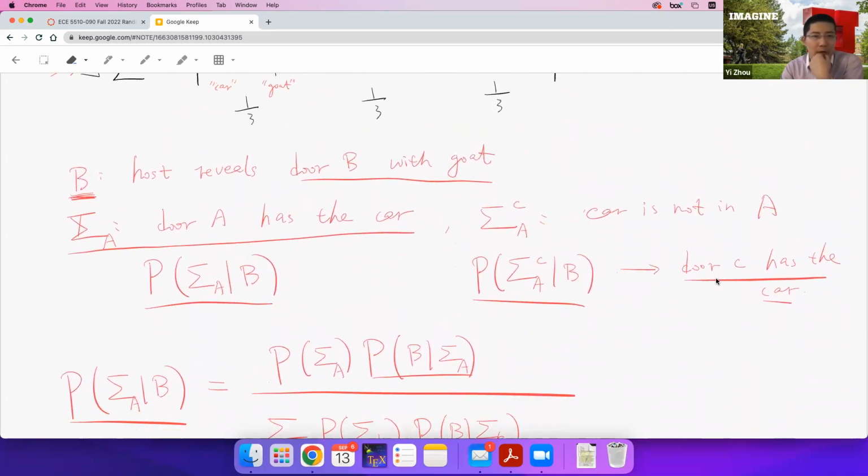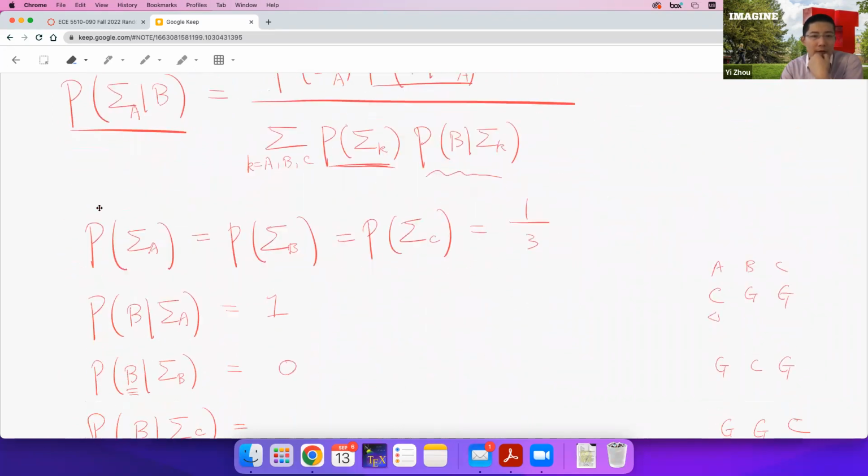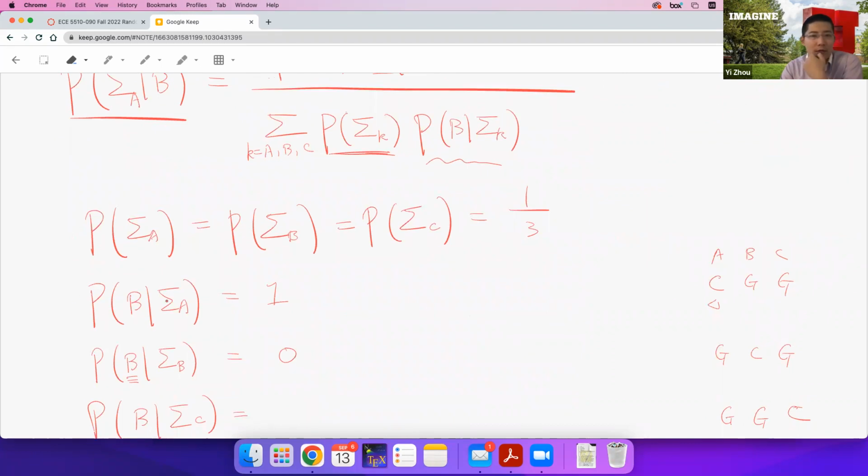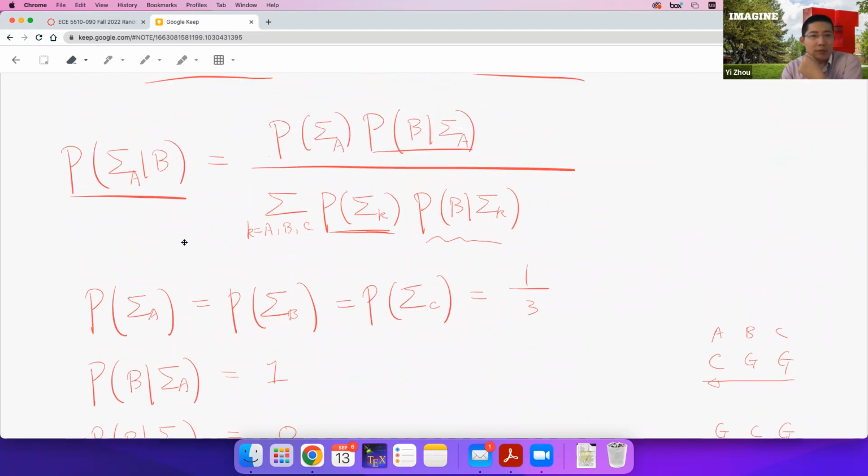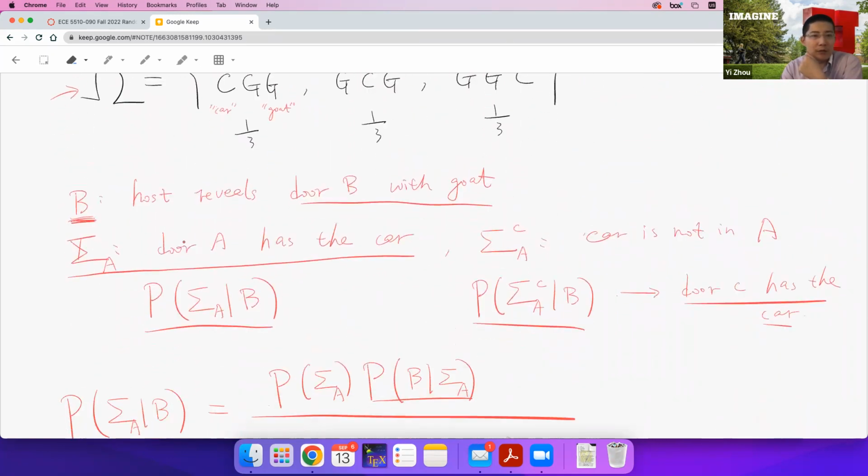I don't get it now. Let me look at what is B. So I think this sigma A indicates that this is the assignment of gifts. This is correct, but maybe I misunderstand B.